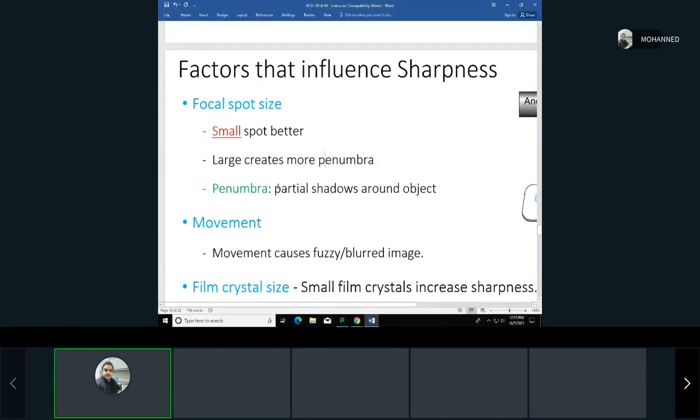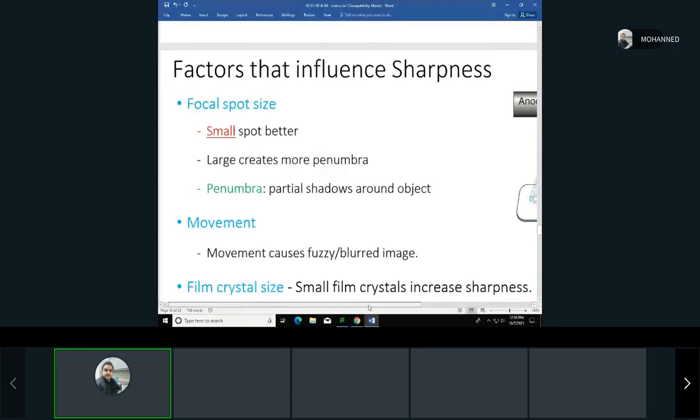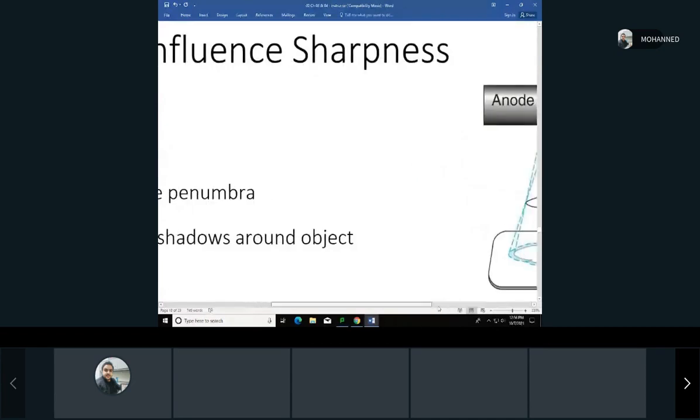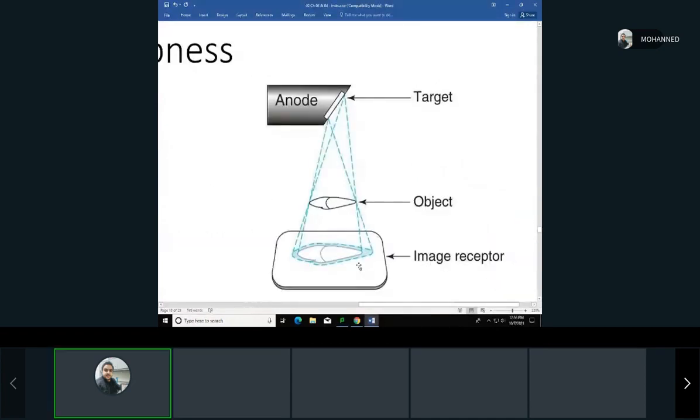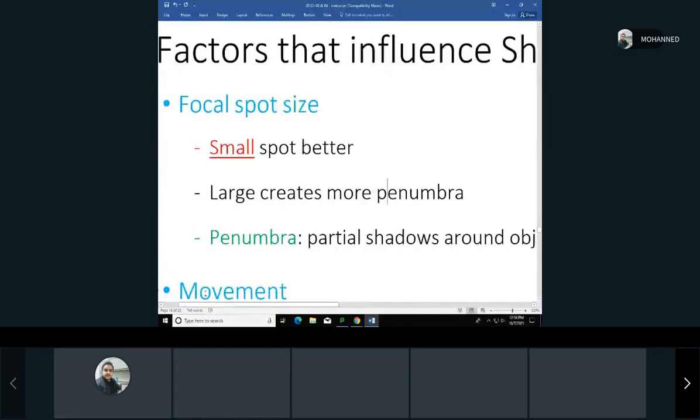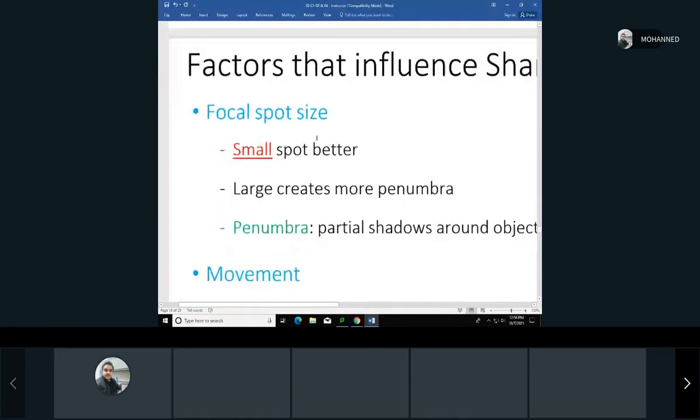And the penumbra is actually the partial shadows that surround the object. So if you look here at this picture, that's the penumbra here. That is technically just shadows that are extra that surround the actual picture. Okay? So the bigger your focal spot, the worse it will be. Okay? That's why we want it to be smaller.